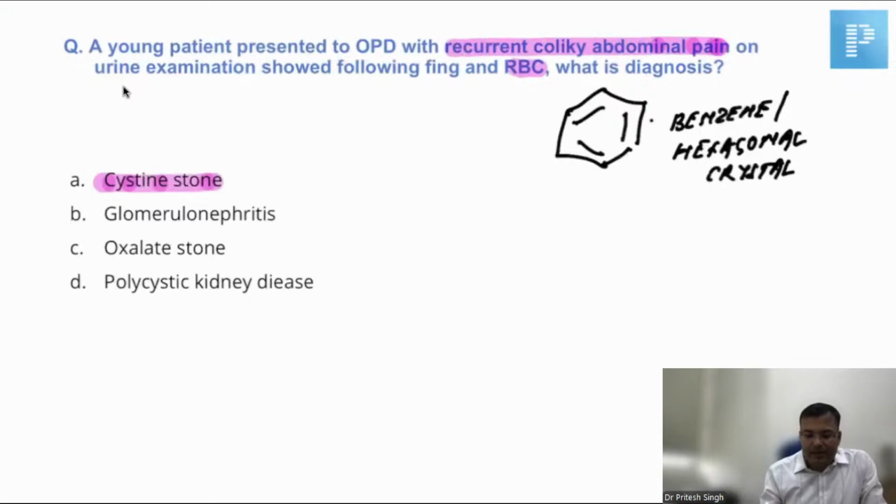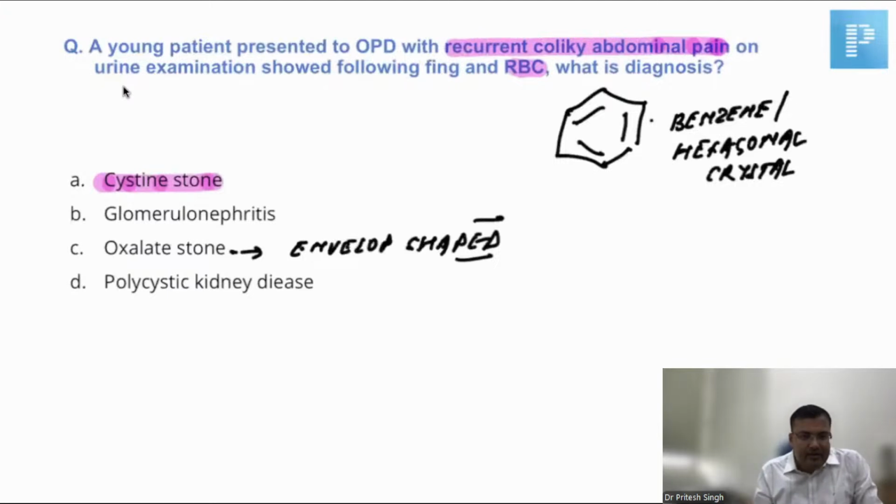In calcium oxalate, there is envelope shaped crystal. Clear, guys? So there is envelope shaped crystal in calcium oxalate. And in calcium oxalate monohydrate, dumbbell shaped crystals are seen.